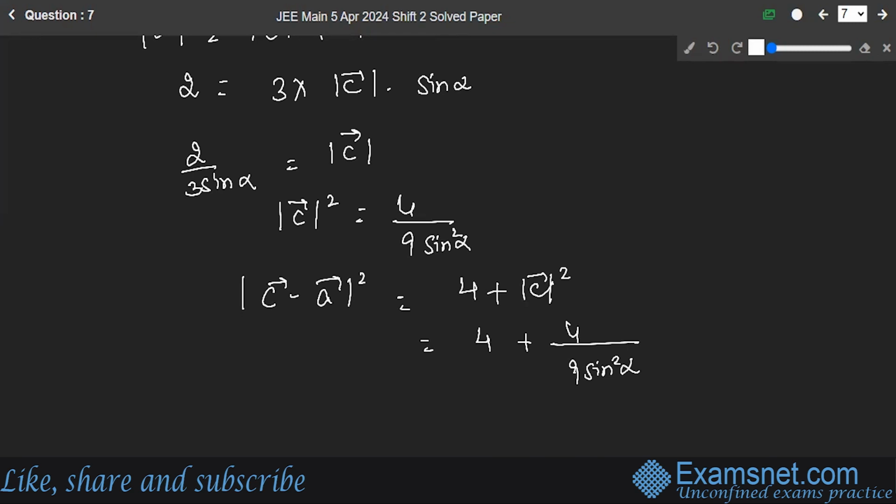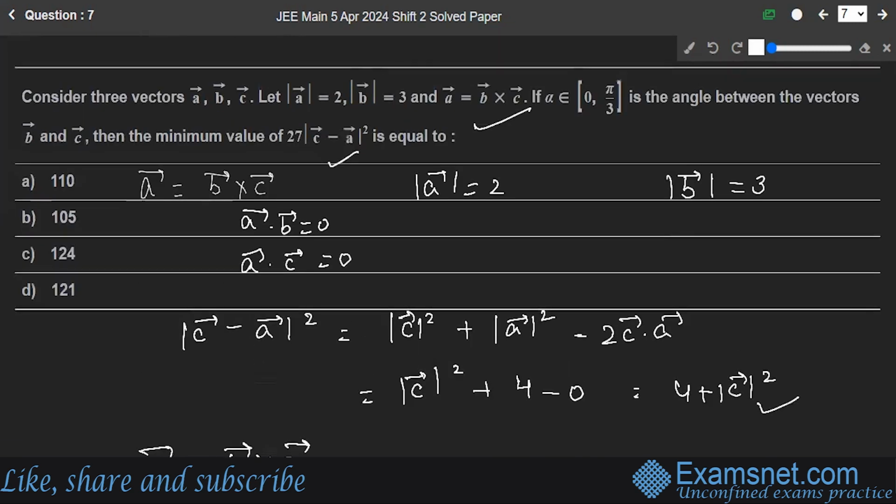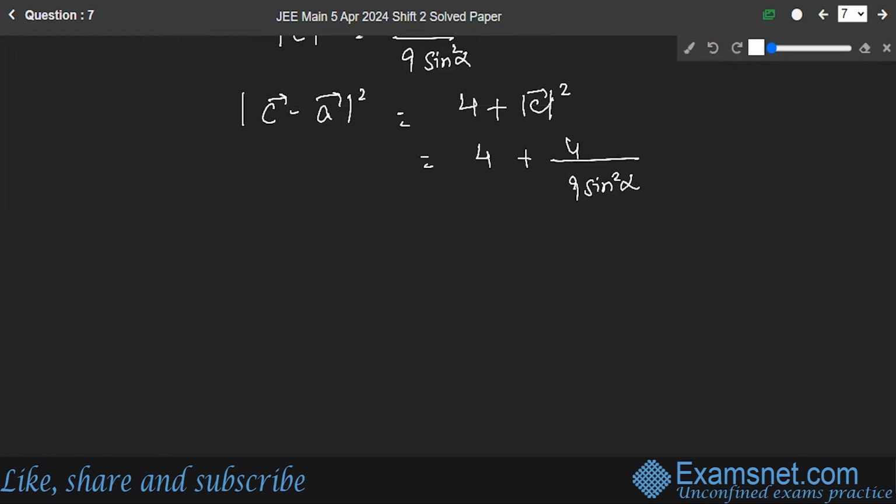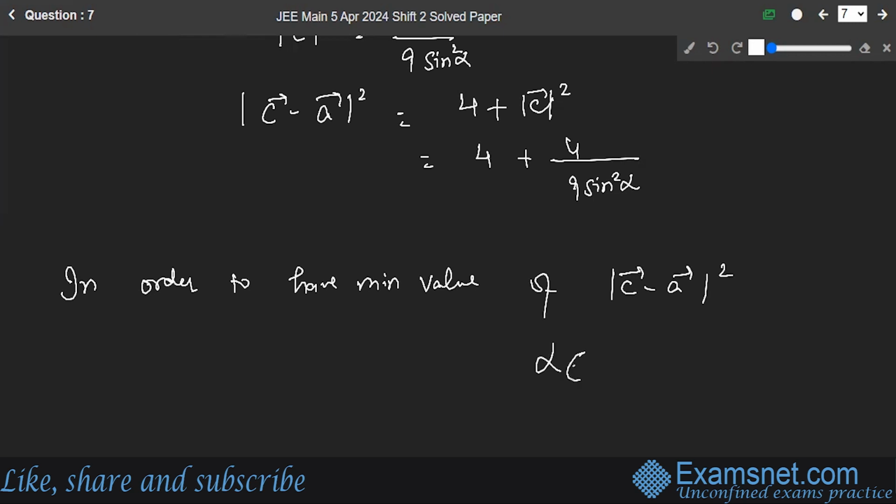Now, because 27 is a constant, over here you have to find out this value. 27 is a constant, and in order to have the minimum value of the magnitude of C minus A, you have alpha lying between 0 to pi by 3.